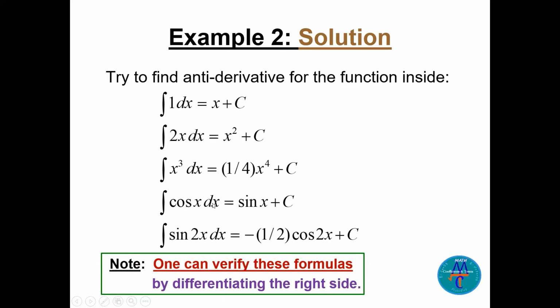Integral of cosine of x dx, it will be sine of x because the derivative of sine of x is cosine of x. Integral of sine 2x, it will be minus half cosine of 2x plus c. So one can verify, you can always make sure this is the correct answer by differentiating the right side.